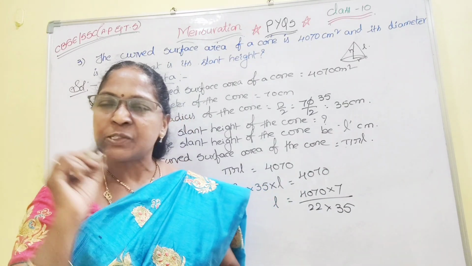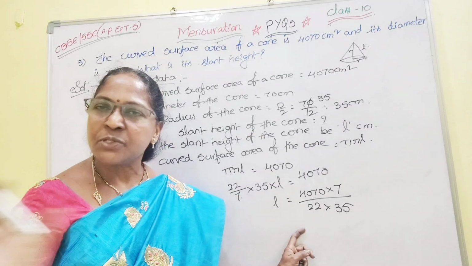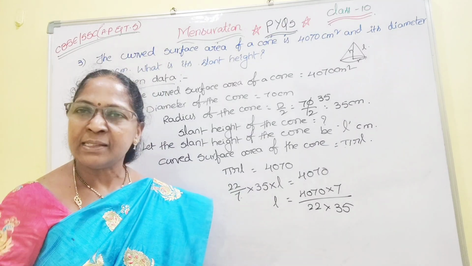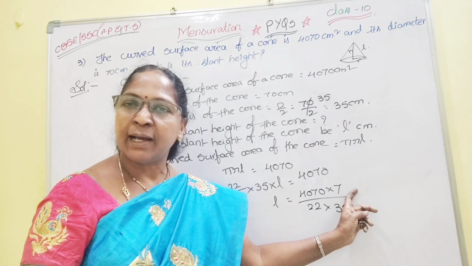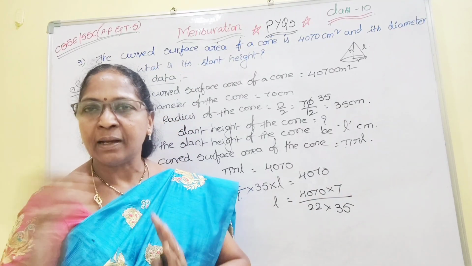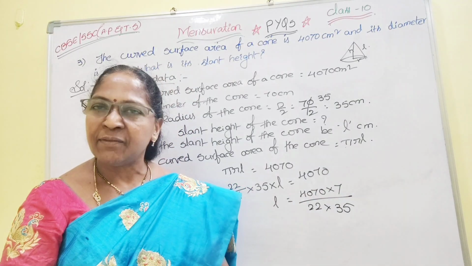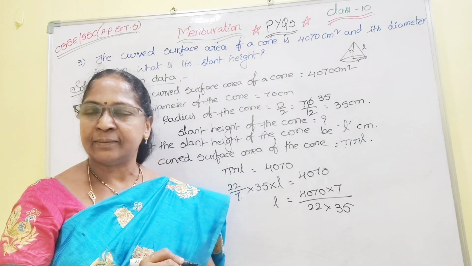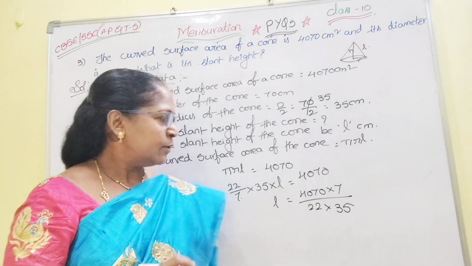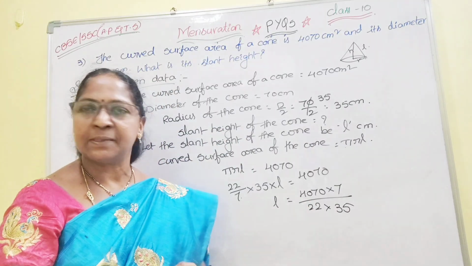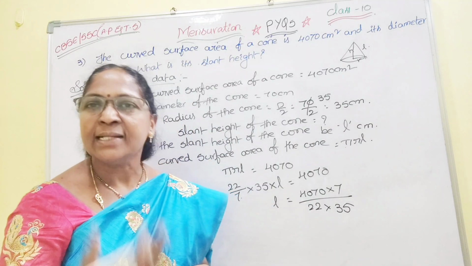Most of the students do that, but you should not. Why? Because it will be complicated. Whenever you multiply these values, it will become a big number, and big number division is very difficult. So don't make it complicated. Always simplify the terms. So how to simplify? Cancellation.